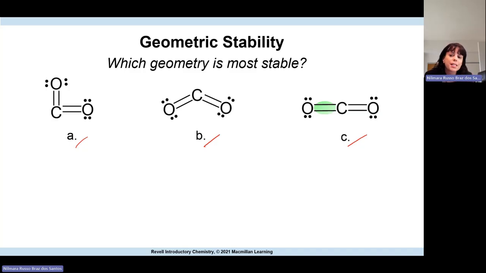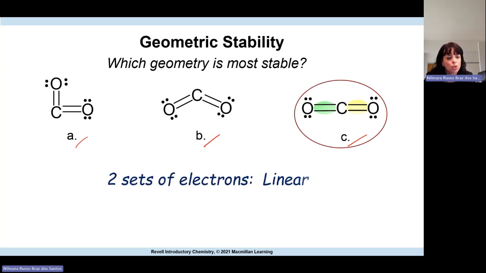Like our first example, this molecule has only 2 sets of electrons around the central carbon. Each double bond counts as one set. The most stable arrangement is the one which keeps the electrons as far away as possible. That's the best one, 180 degrees, okay? So 2 sets of electrons, linear.